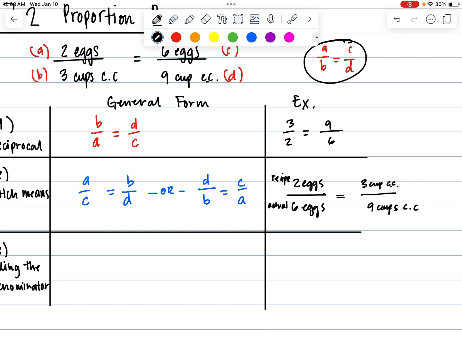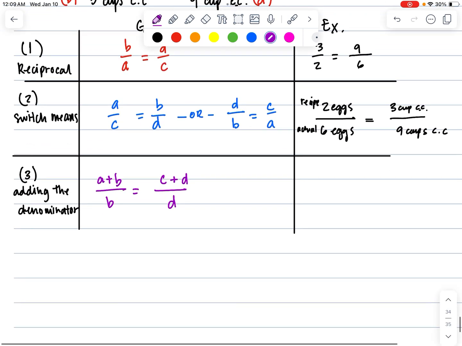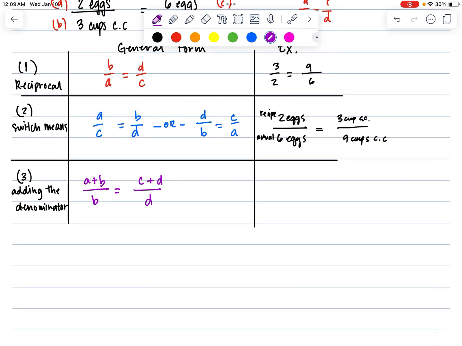So if I take this original A over B is equal to C over D, and add the denominator to the numerator, in purple, it'd be A plus B over B is equal to C plus D over D. This, ironically, will also work, and you're going to see examples of this in, I believe, 7-6, when we're talking about similar triangles that have parallel lines. I'll do a quick example of one right here.